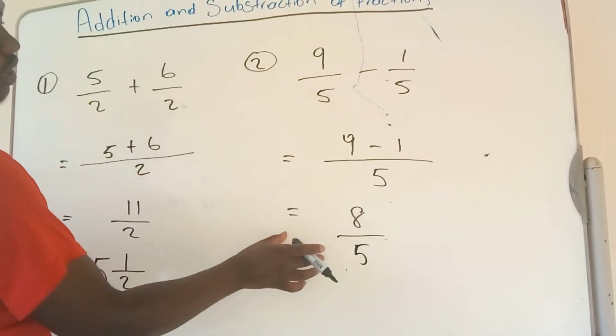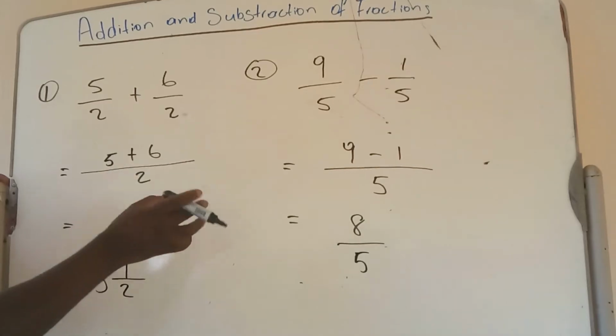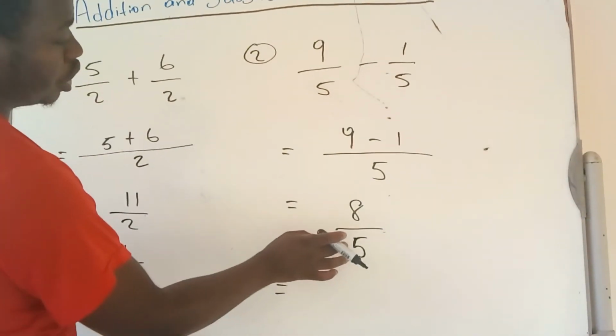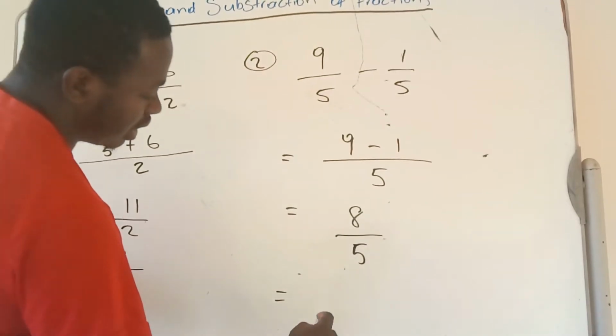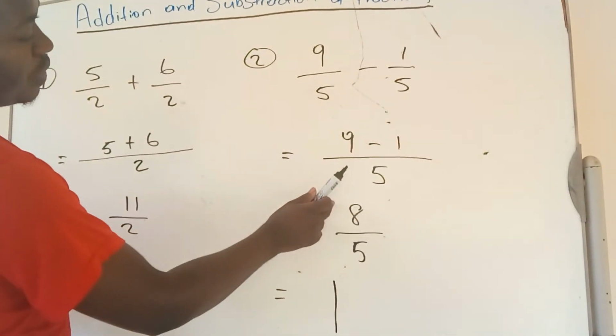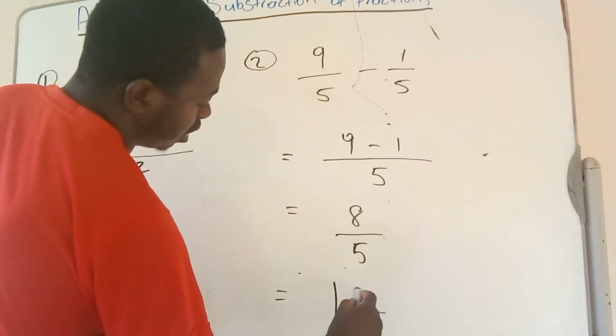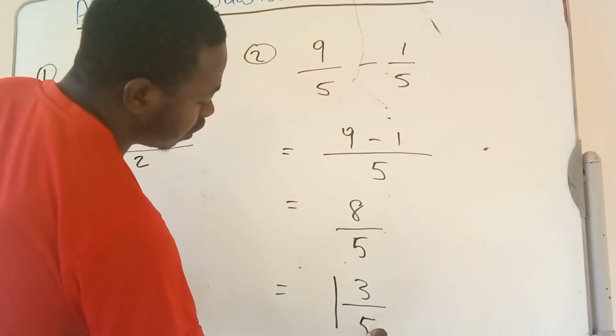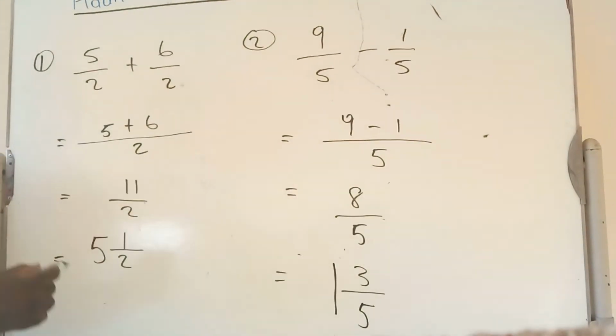You can leave your answer here, but it is always best to simplify your answer. So how many groups can you get out of 8? That is 1 group. How many is remaining? 3. And you keep the denominator, which is 5. So that's your final answer there.